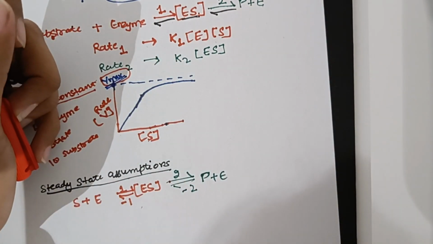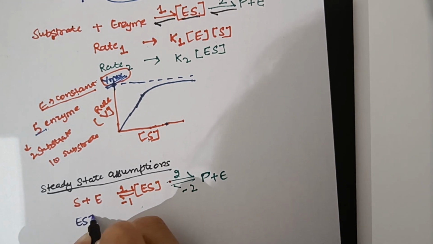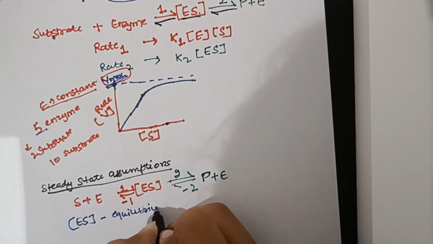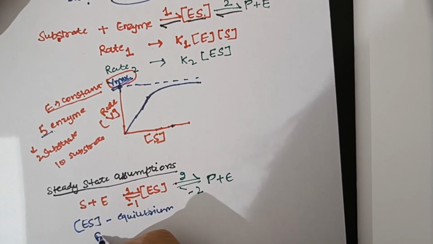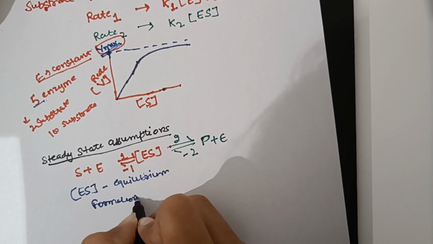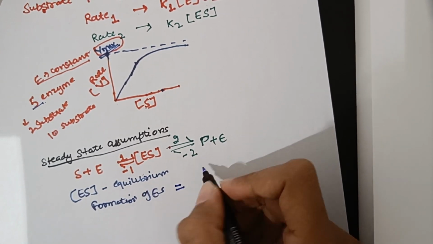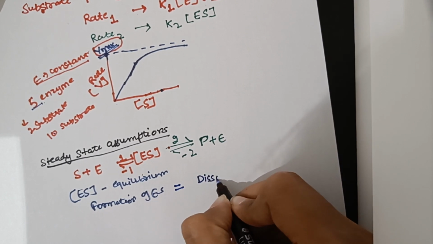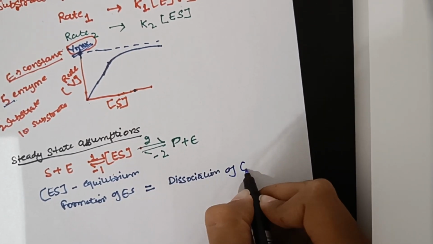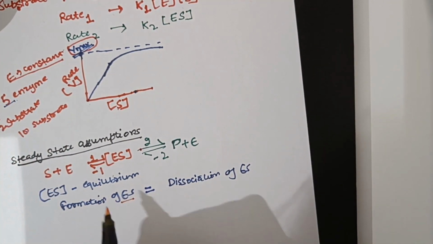The assumption is that the ES complex remains in equilibrium. What that means is that the formation of this complex is equal to the dissociation of this complex. If you look at this reaction, how is ES formed?